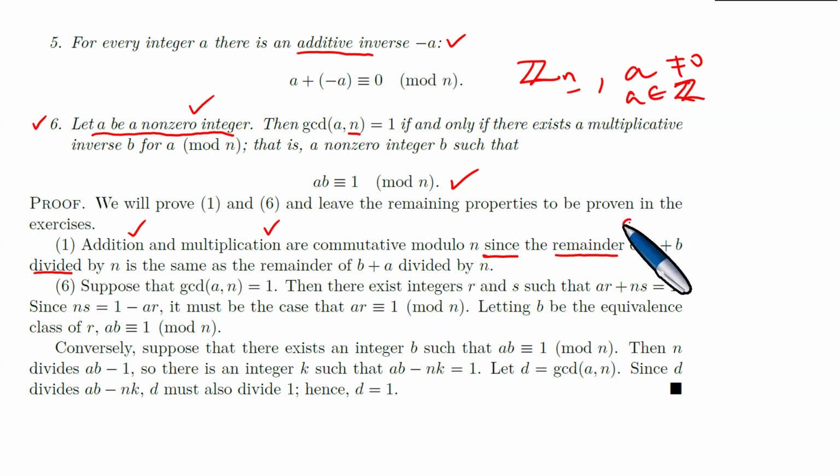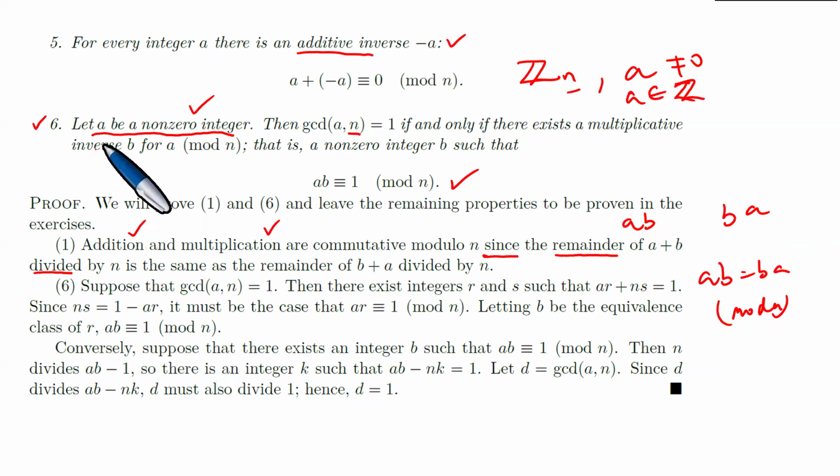So the author was also supposed to say the remainder of ab divided by n is the same as the remainder of ba divided by n, and therefore ab is equal to ba modulo n.